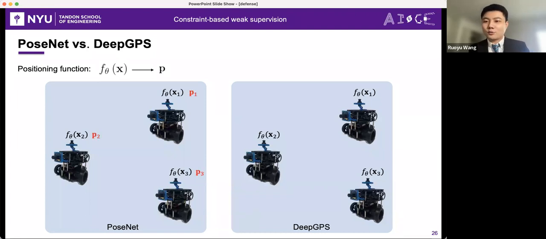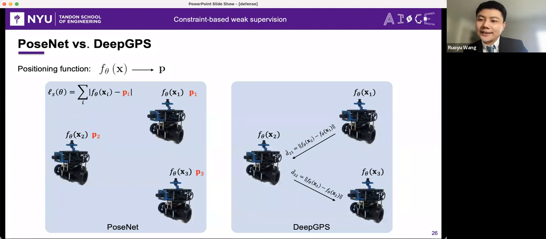For PoseNet, the ground truth positions are known, so the loss function captures the difference between the estimated poses and the ground truth poses. In our setup, the ground truth positions are not known, so we calculate the estimated distance between the two estimated positions.